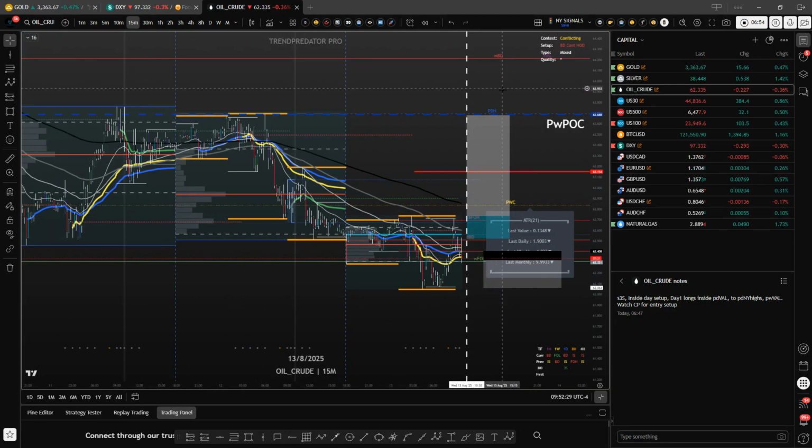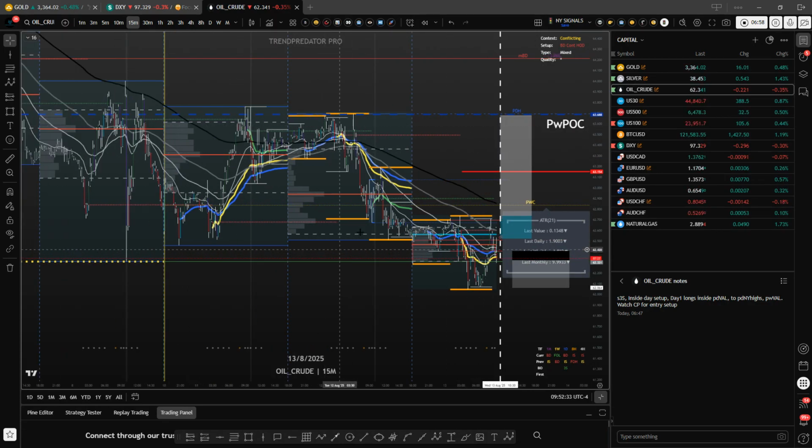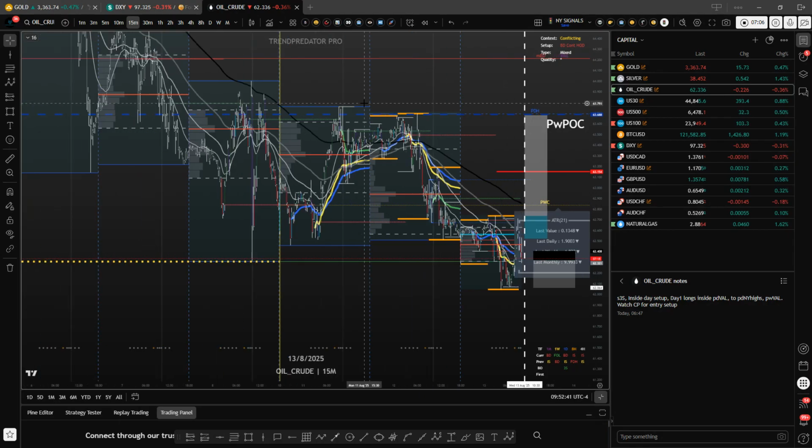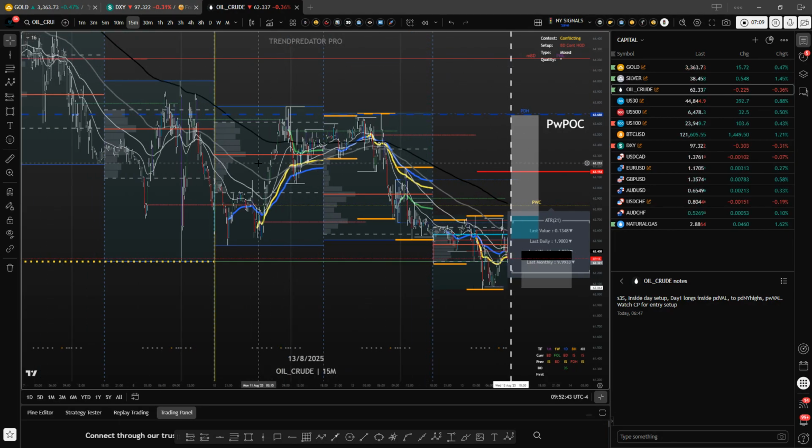in what would be a day 2 continuation trade. Day 1 being, sorry, what am I talking about? Bear with me. A day 1. Okay, so it's a 3-day setup. Monday, Tuesday, Wednesday short squeeze, but it'll be day 1 longs because we're coming in from the lows of last week, the lows of this week.